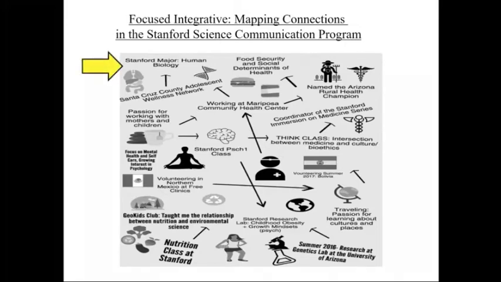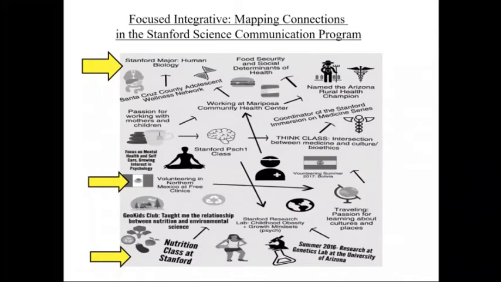So this particular student is a human biology major. She also has volunteered at a free clinic in Mexico. So you can see she's got a health interest there. She took a nutrition class at Stanford, which, as she says in the arrow above, taught me the relationship between nutrition and environmental science, which you wouldn't have seen otherwise.